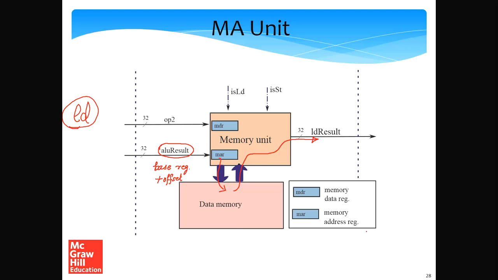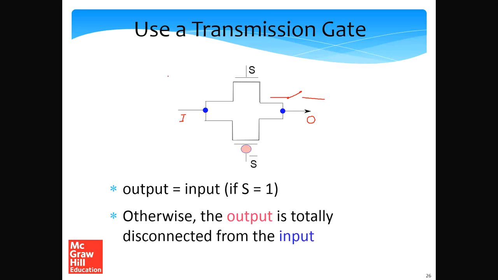Now, let us consider the case of a store. Let me erase all the ink on the slide and write a big store over here. A store requires two things. It requires the value to be stored.